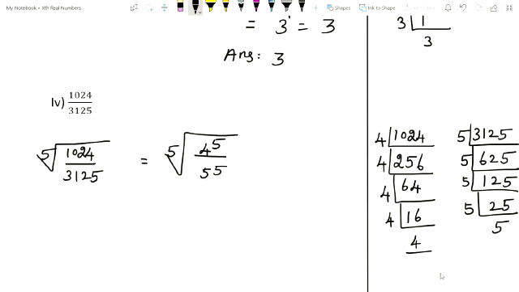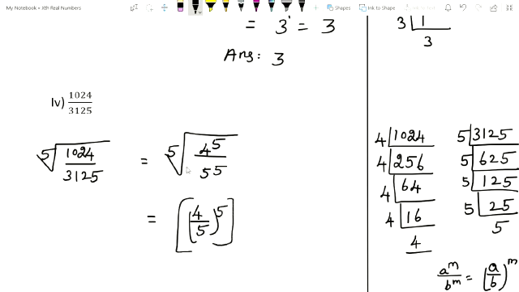Already told you, a power m divided by b power m equals, how can you write this? a by b whole power m. So here you apply this: 4 by 5 whole power 5. And here, fifth root, how can you write this?